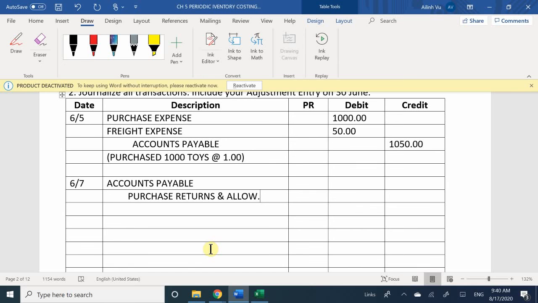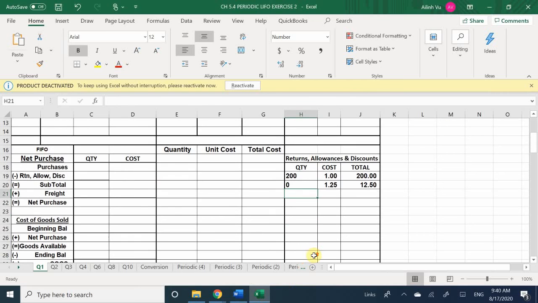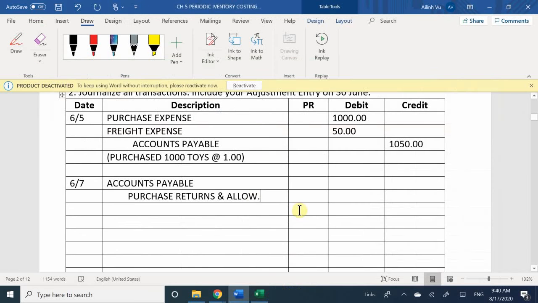All right, and we did solve for it earlier. We solved it for $200. Okay, so here, 200 here, and then equal and opposite, it's going to be 200 here.